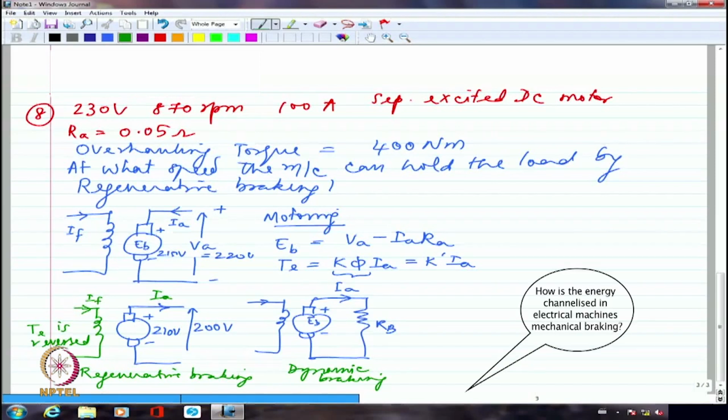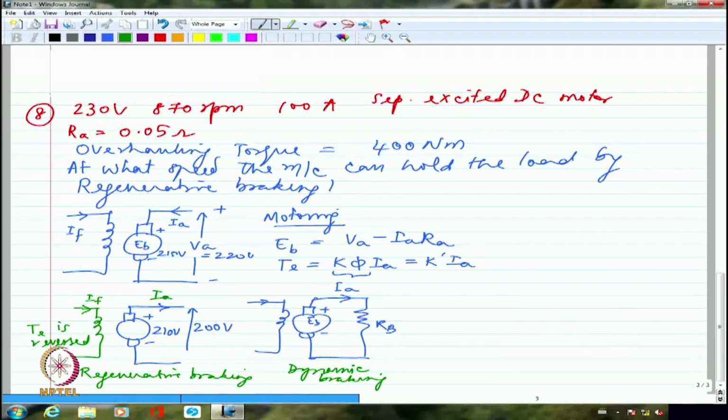If there is no source of, it's like an example of a bicycle. There's a regenerative braking system which is adapted for bicycles. So when I apply the brake, the energy is actually dissipated in the form of heat in the brake shoes, that is friction.